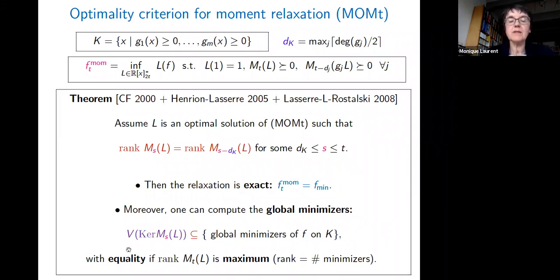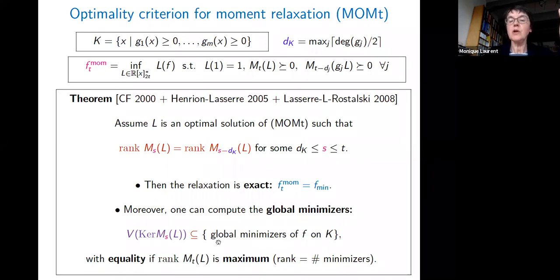And the claim is that all the points in the variety of the kernel are going to be among the global minimizers. And if the rank of the optimum solution we had was actually maximum over all possible optimal solutions, then we have an equality here.